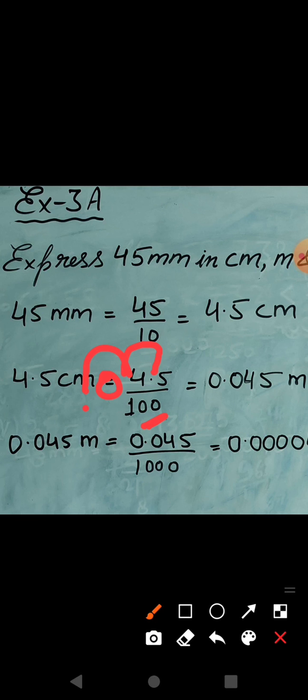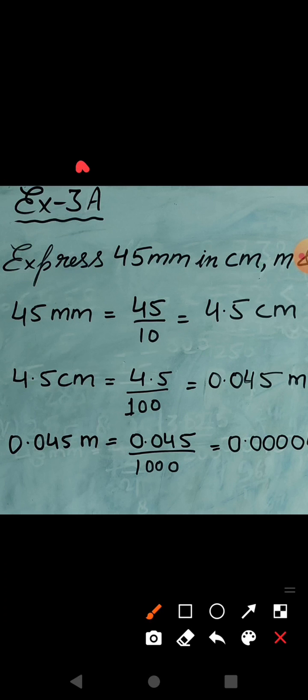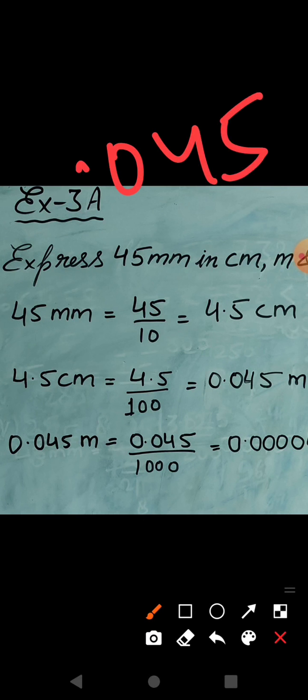Now the decimal will come here, and this is our required answer, 0.045. If there is nothing before the decimal, we can put 0 there.